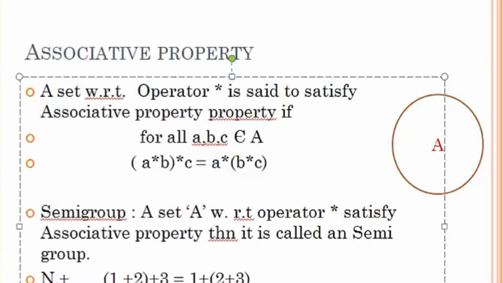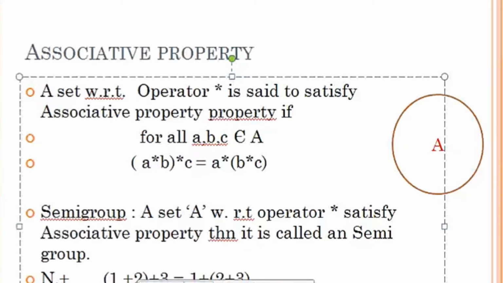Actually it should be minus 2 plus 1, and minus 1 is again 0, right? So integers with addition also are not going to make a difference for the associative property. It will be plus 1 and minus 1. Do it for any integers you take.